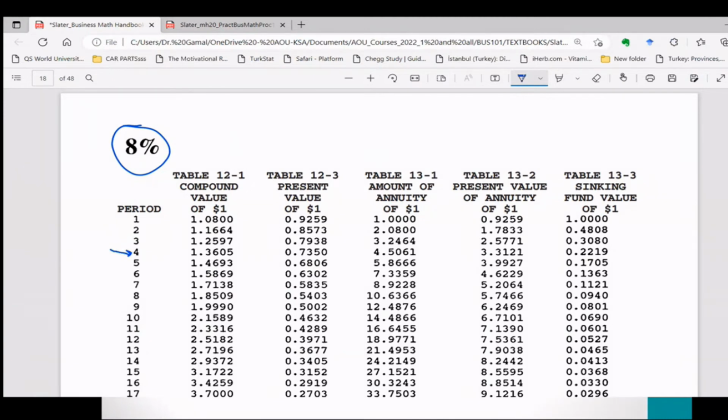I need the present value. This is present value, so I go to this column. It's 0.735. We note here it is less than 1.